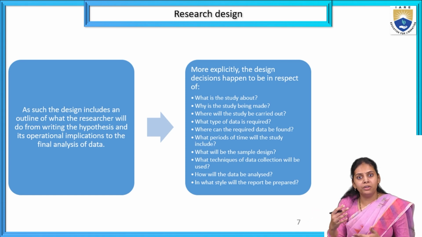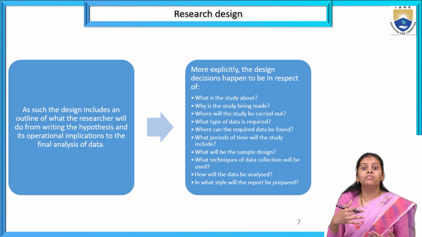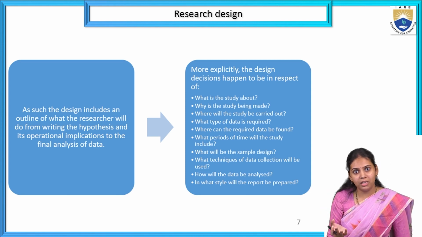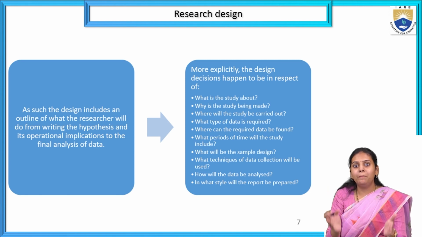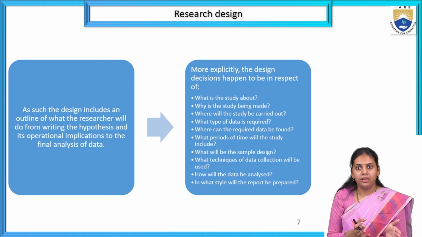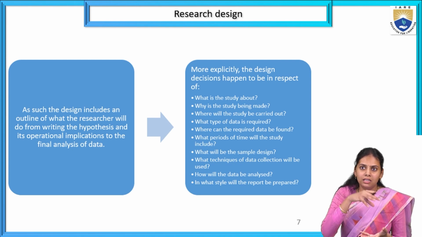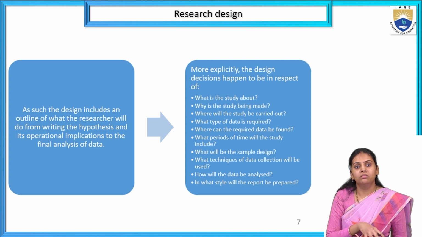Now it has transformed into smart mobile. And we can't predict what future mobiles will transform into. So that's the thing. What should this study time period be? So what periods of time will the study include?